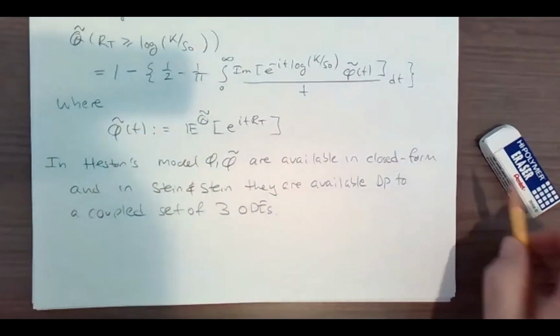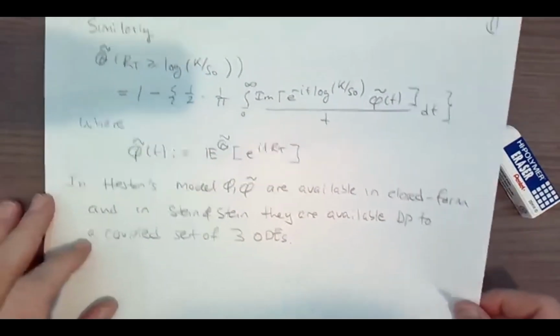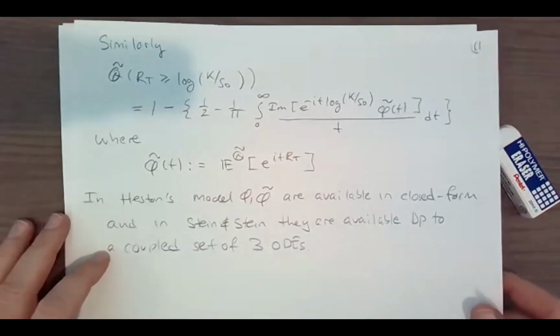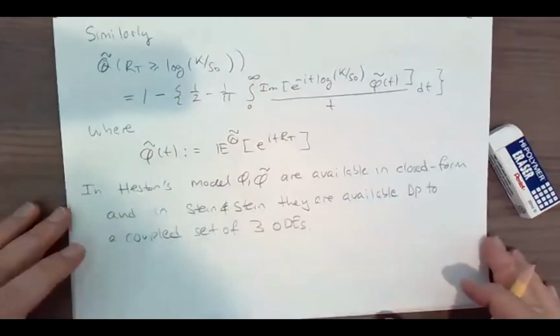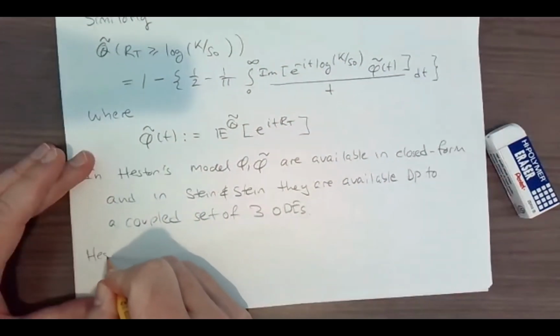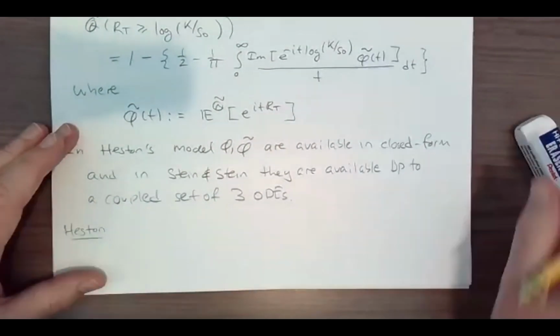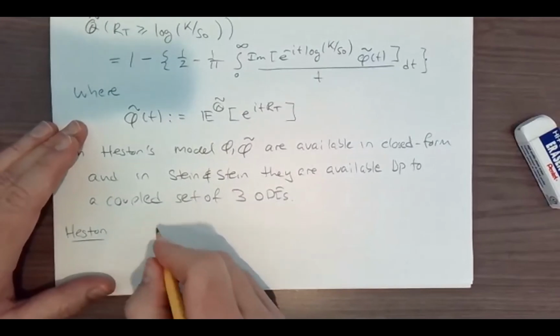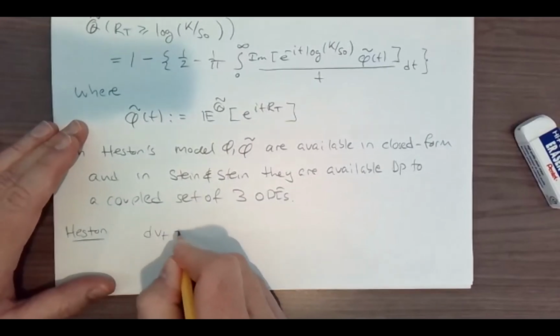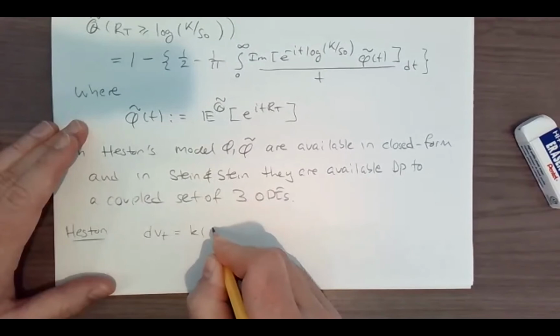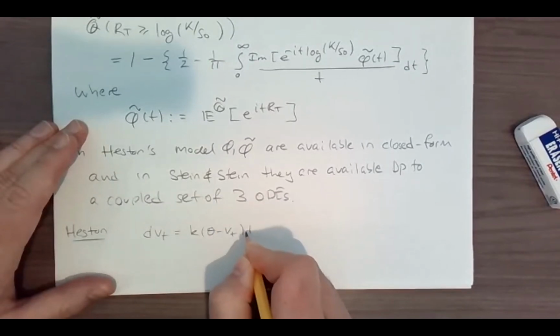This is quite similar to last time when we were talking about replication. So let's do Heston now. Heston's model. We will start out by recalling the dynamics. So we have our dVt.